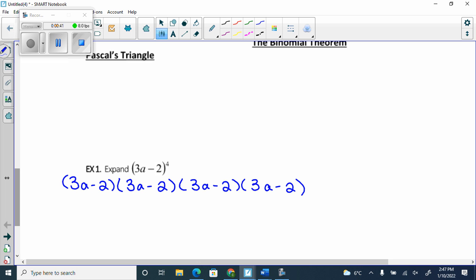That is what it is. So you would have to FOIL, distribute, kind of ugly, right? And the chance of you making an oopsie pretty strong. We agree?